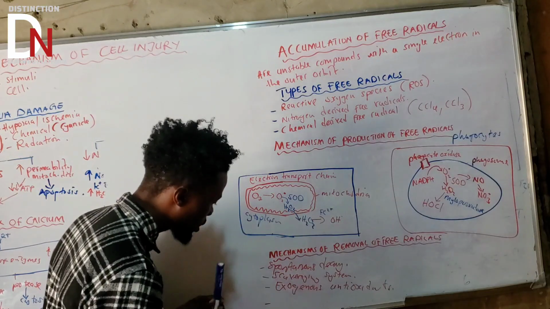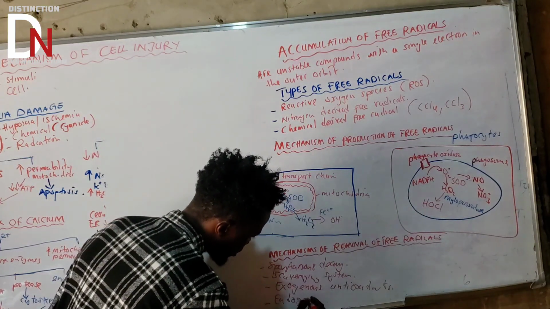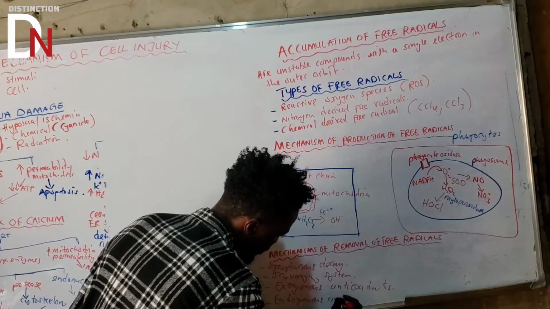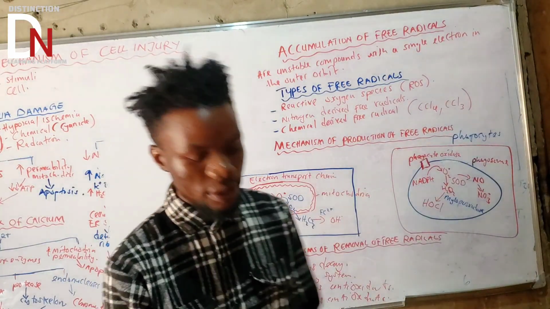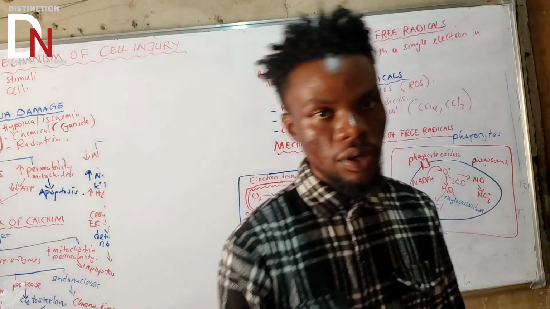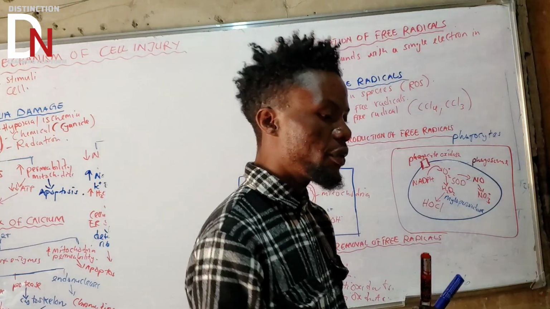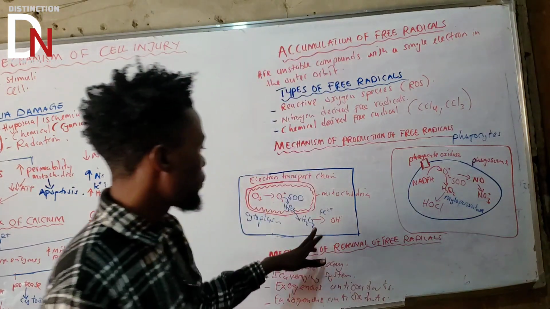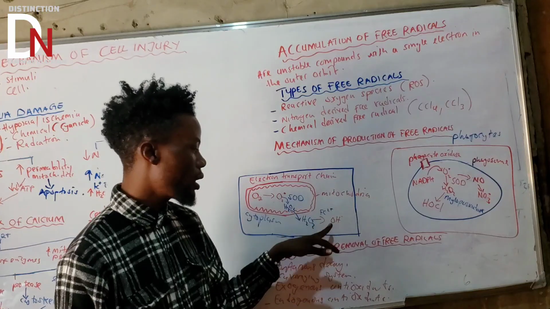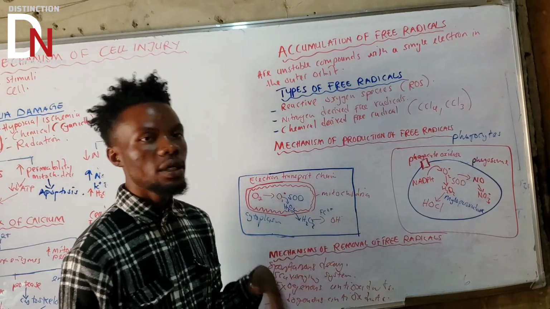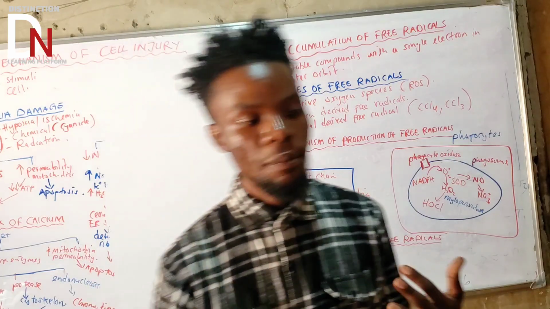So the last one is endogenous antioxidants. What are those endogenous antioxidants? Again, they are found within the cell. Remember that we talked about the Fenton reaction, where it uses iron as one of the important cofactors to convert hydrogen peroxide into hydroxyl free radical.